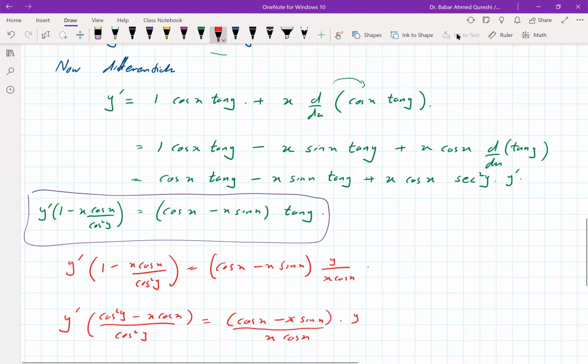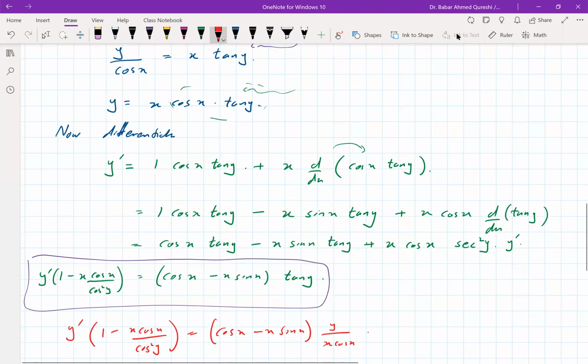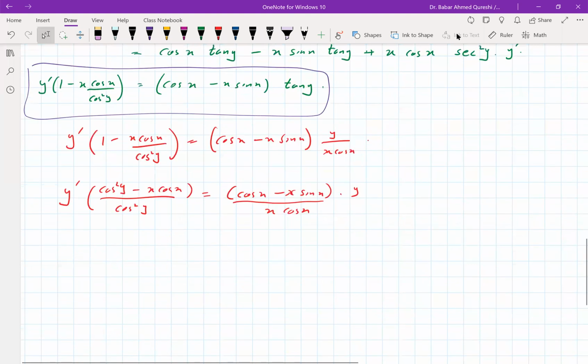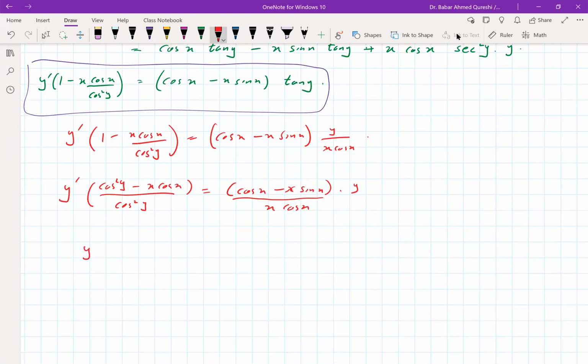So I get y dash is... now the issue is that we have to find dy by dx.